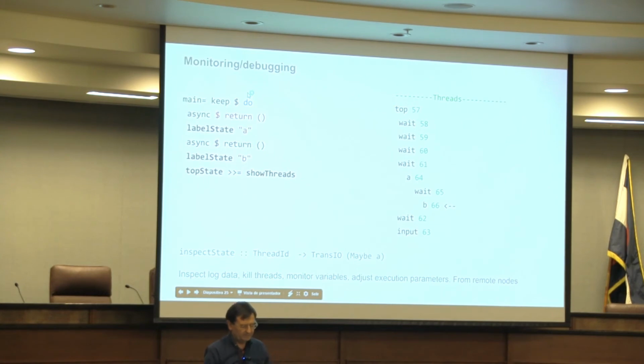Because we have a big number of threads running, we define a way to label threads and inspect the threads in the execution. These are primitives for state labeling and state display. If we execute this and we want to inspect the threads, we can use this, and this is the display that appears in the window.